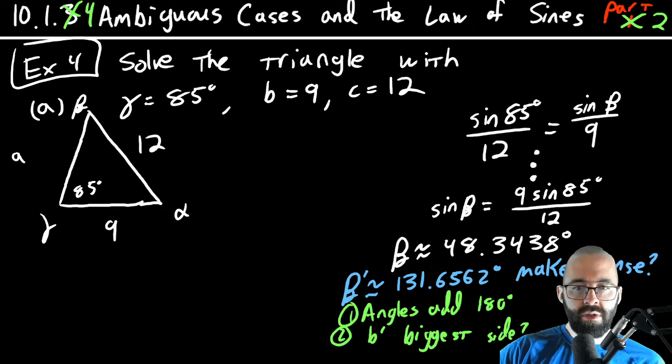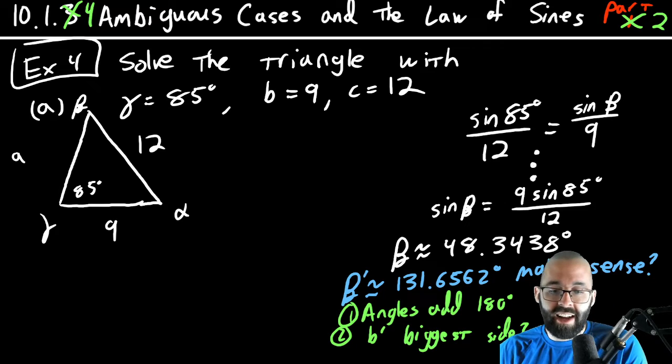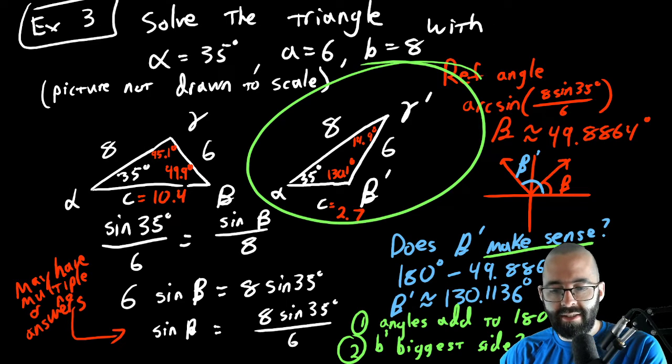If both of these are true, then beta prime makes sense, and we're going to have two triangles: one, that acute triangle like we have here, and the second, an obtuse triangle like that.